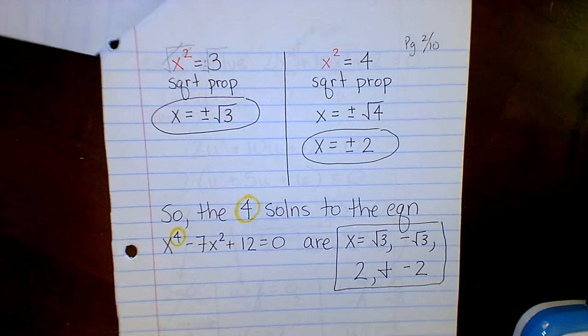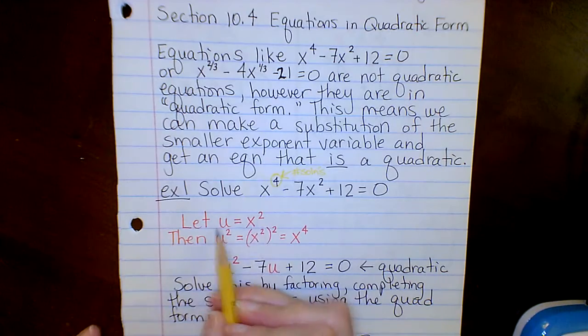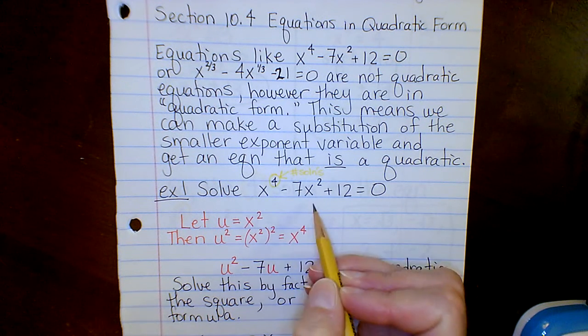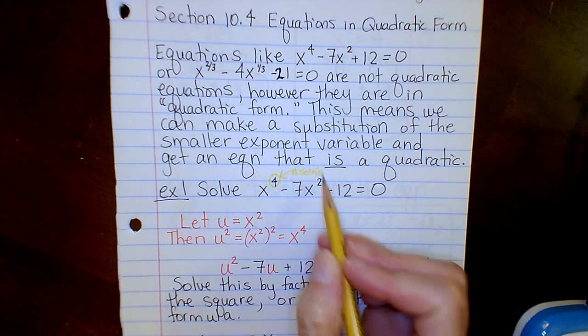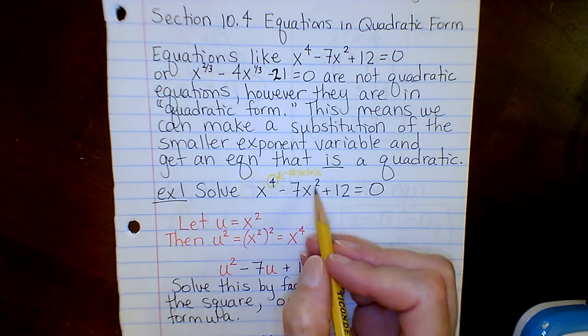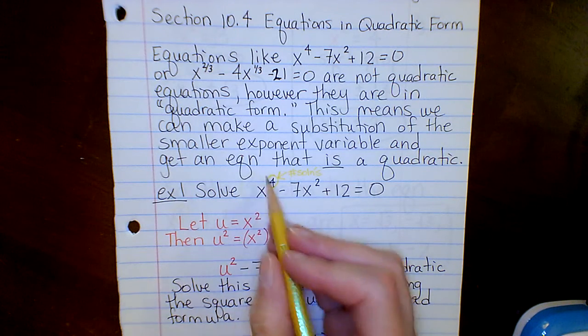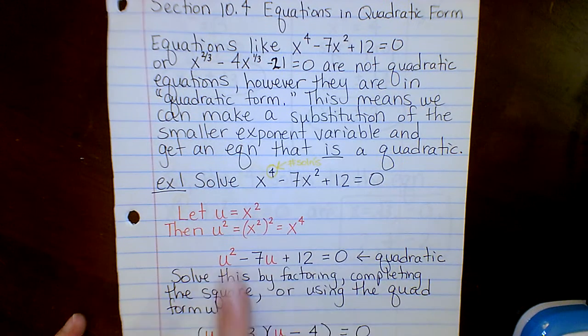All right, so here's what we're going to do. We're going to make this substitution. We're always going to let u equal that middle variable part. And then if it's in quadratic form, if I square u, I'm going to get this first variable part here. That's going to give me a quadratic that I'm going to have to solve by factoring, completing the square, or the square root property.